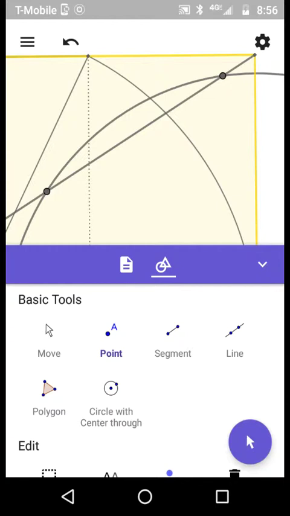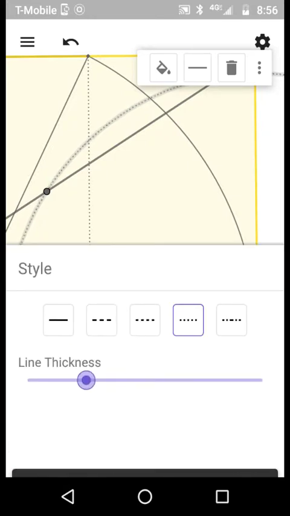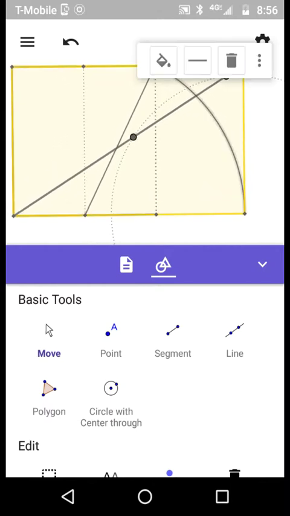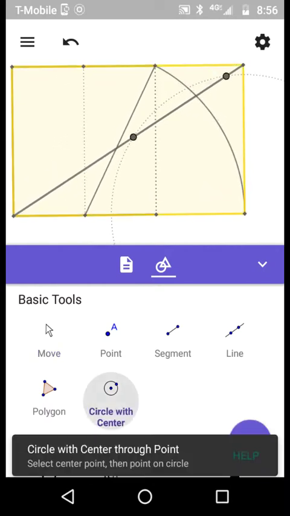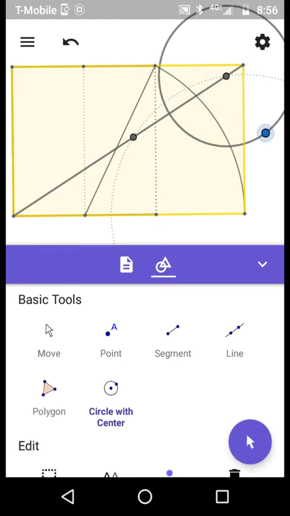Having done that, I didn't mean to draw a point. I just wanted to select this line because I want to minimize it because it's going to get in the way. We've got a multi-part operation here. Okay, so you want to draw another circle from each of those intersection points. You want to go halfway.